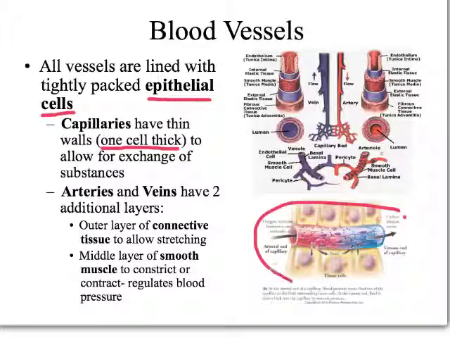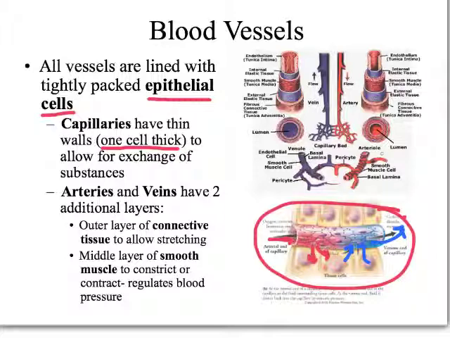We can see that down here in this picture, where we've got the blood flowing through, and we can see little arrows of fluid and gases coming out of the cell here, and the waste going into the blood vessels there to go back to the heart.